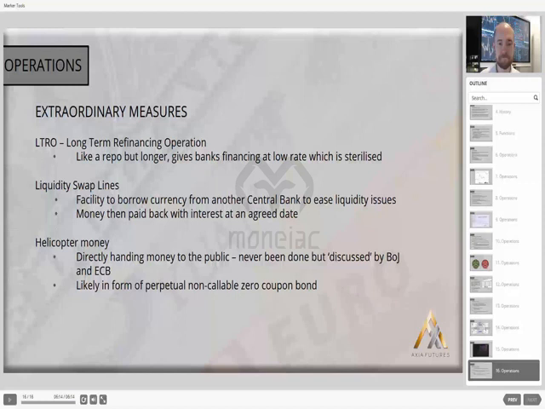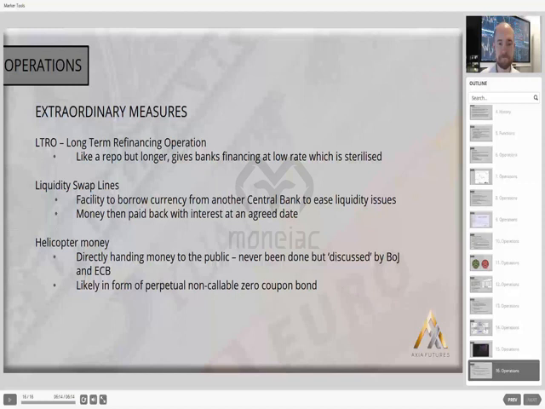The Bank of England could borrow dollars from the Fed, obviously charged interest in the same way that a bank would be to borrow from the Fed. Charged interest, they then have this dollar liquidity that they can lend out to the commercial banks within their jurisdiction. As always, the money is then paid back with an agreed interest on a certain date.